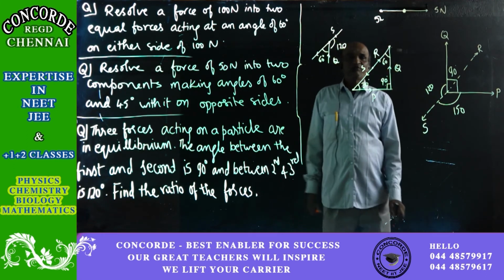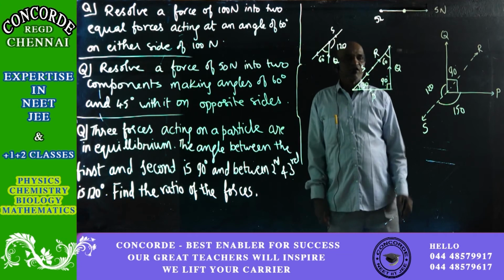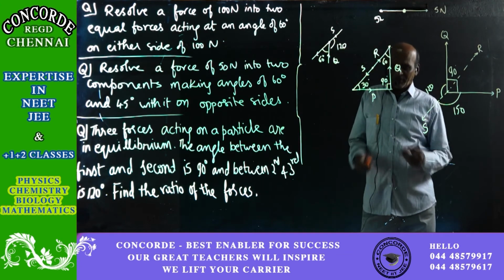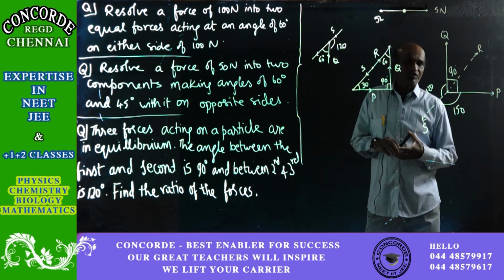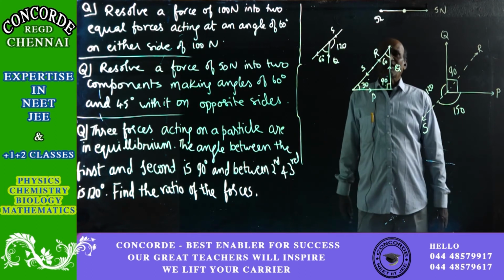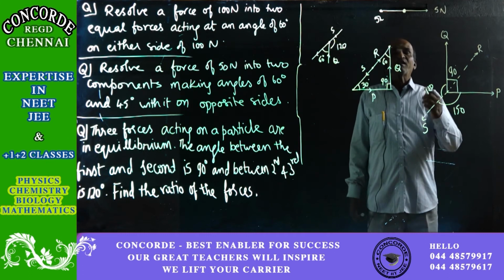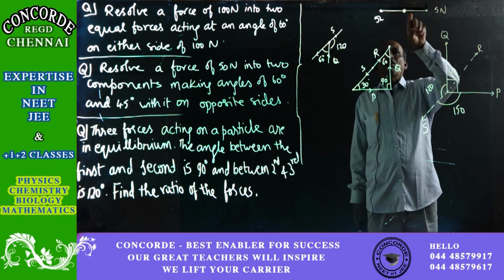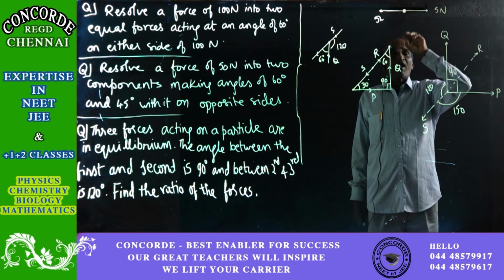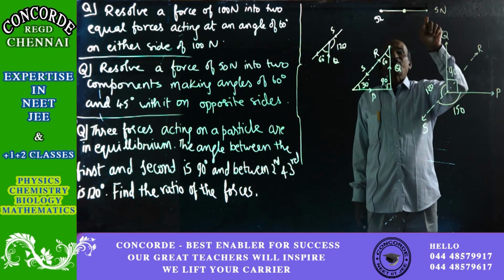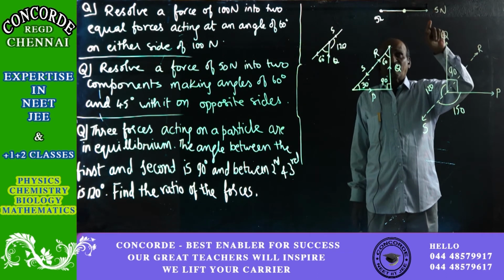Apply sine rule now. I'll repeat it, that you have got three forces. Body is in equilibrium. Equilibrium means what will be the direction of the third force is what we have to find out, and for that I had already explained that we will first consider a single force of 5 newtons, and if that is acting on a body and we want to keep it at the same point itself, then we have to bring in an opposing force to what is already there.